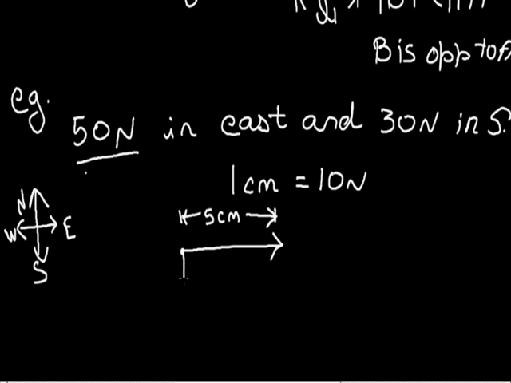So in south direction, a 3 centimeter line. This means 30 Newton force in south direction. This vector represents 30 Newton force in south direction. Okay.